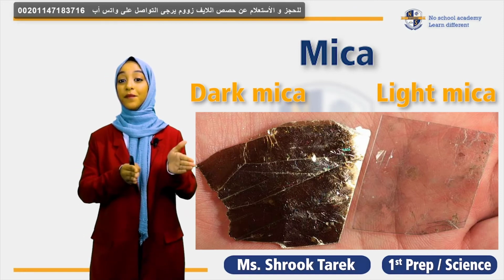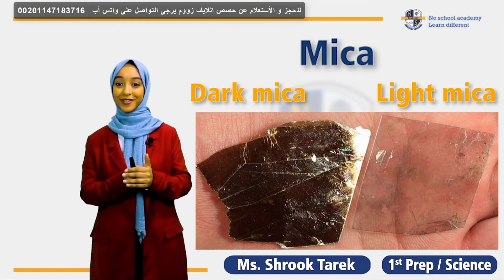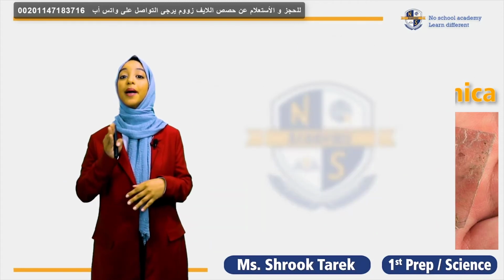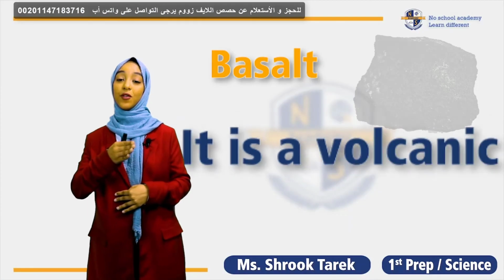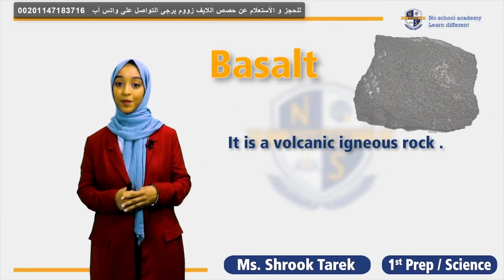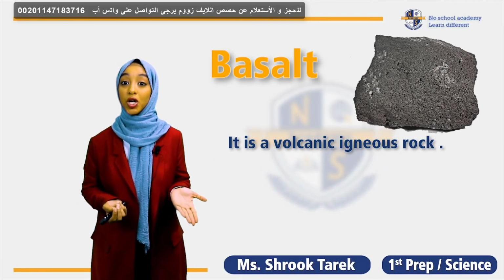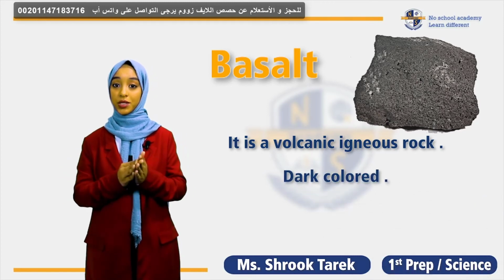طيب خلينا نعرف بقى example للvolcanic rocks. عندنا حاجة اسمها basalt. It's a volcanic igneous rock. طيب الcolor it has darker colors.